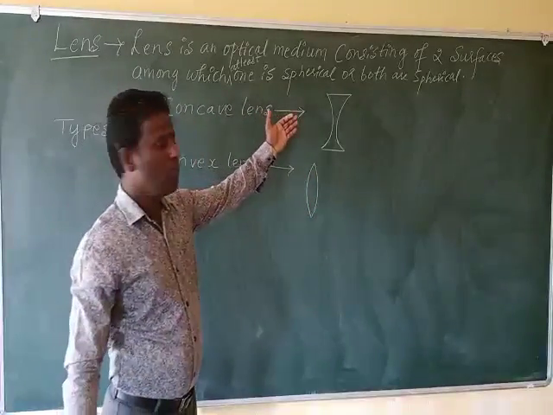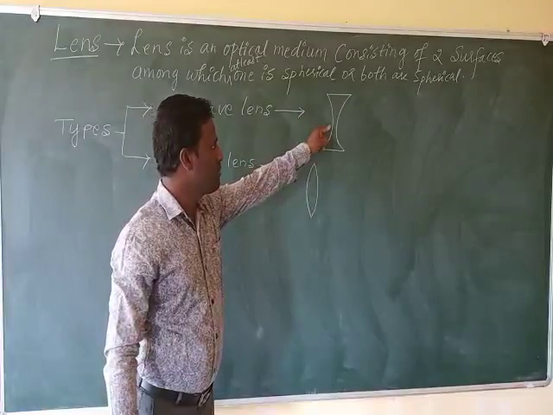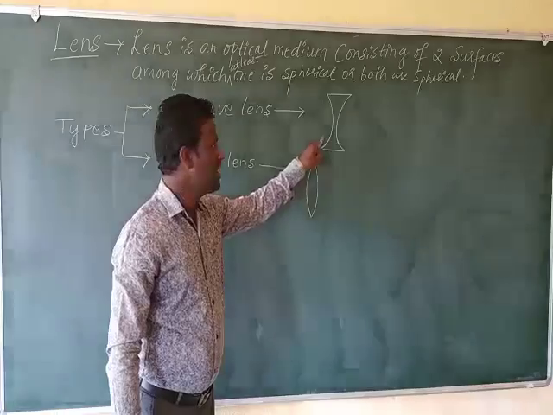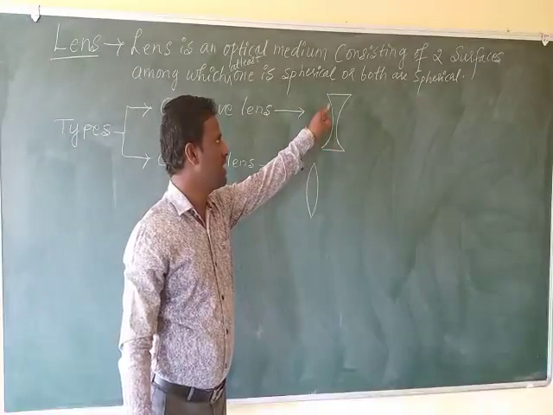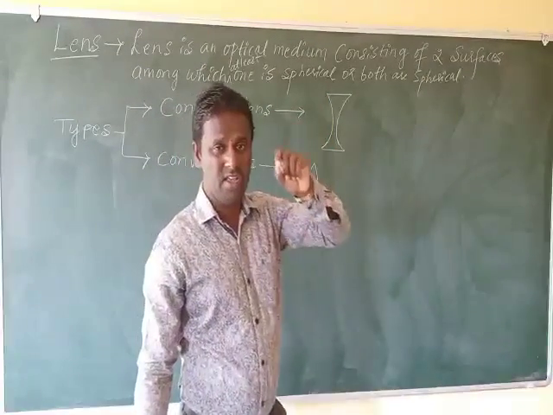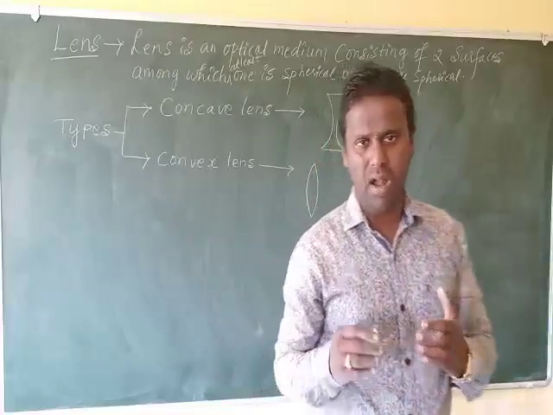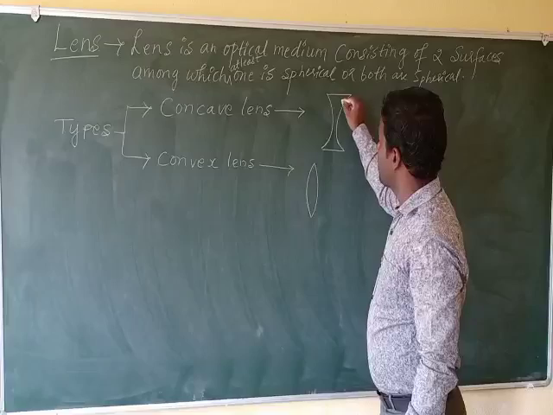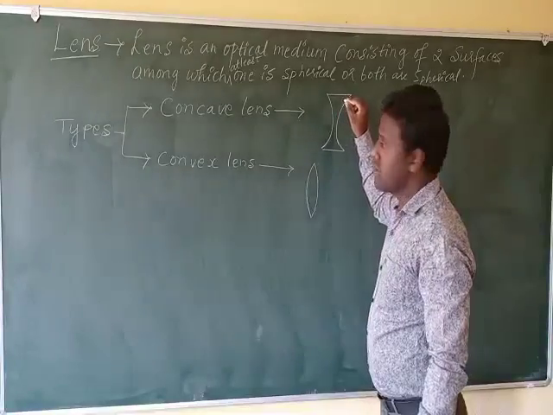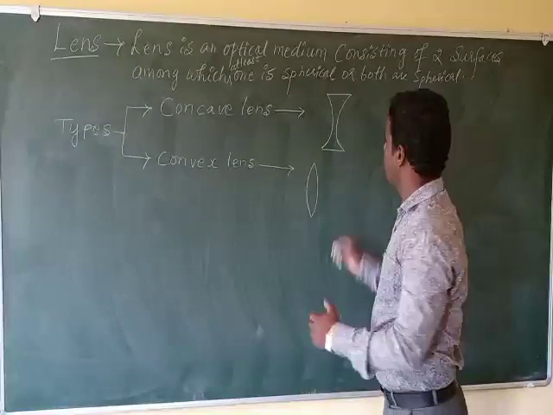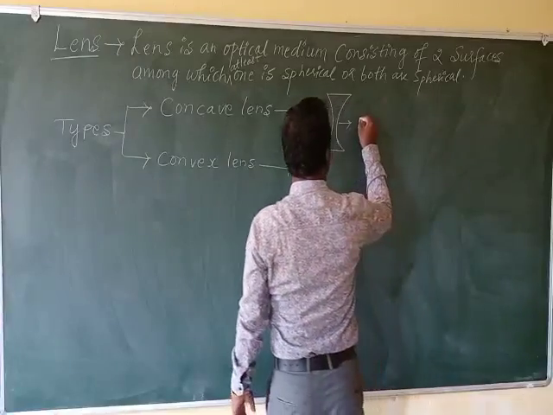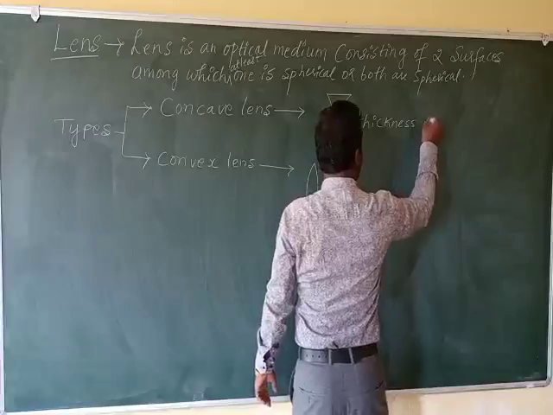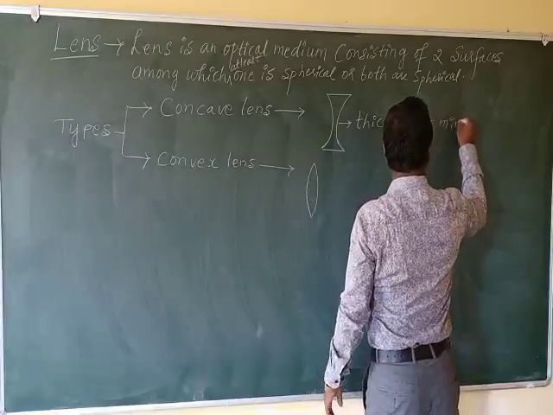A lens which is thinner in the middle and thicker at the edges. Thinner means very small. In the middle portion it is very thin, and in the outer portion its dimensions, its thickness, is maximum. So here the thickness is maximum at the edges, and the thickness is minimum in the middle.